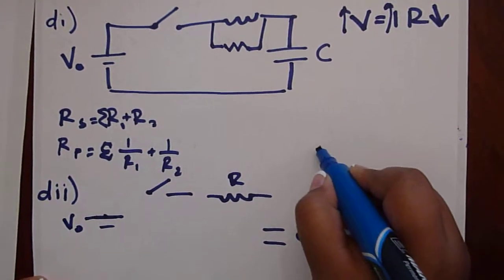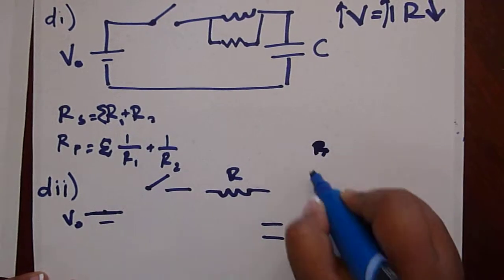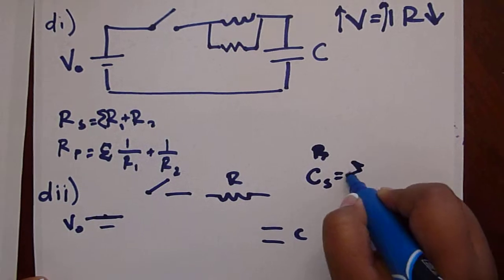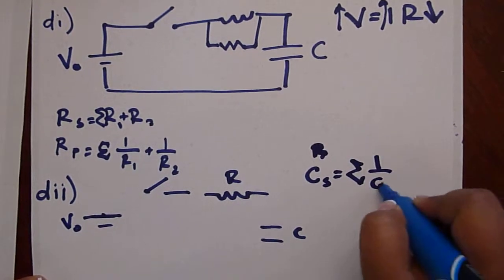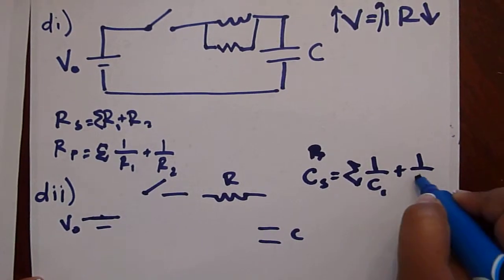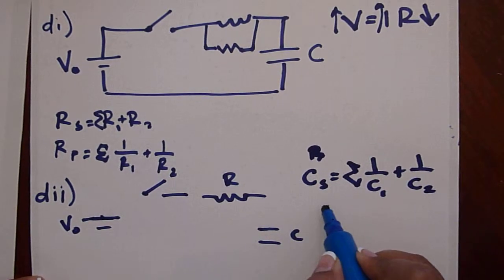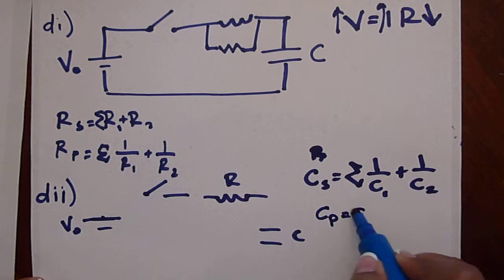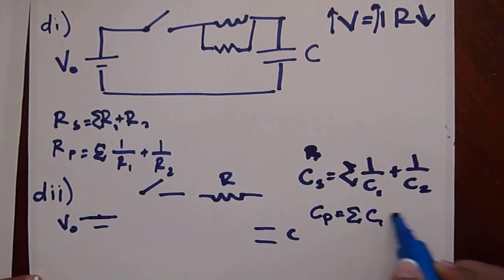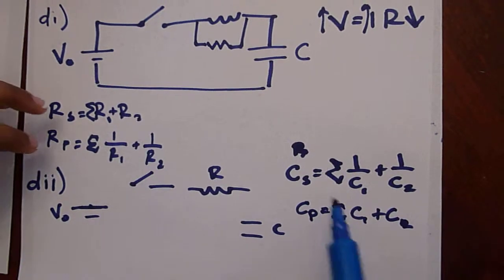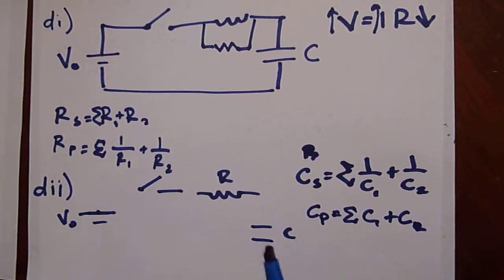If you have capacitors in series, you will add them like so. If you have them in parallel, you will add them like this. Basically, we can see that resistors and capacitors are sort of switched.